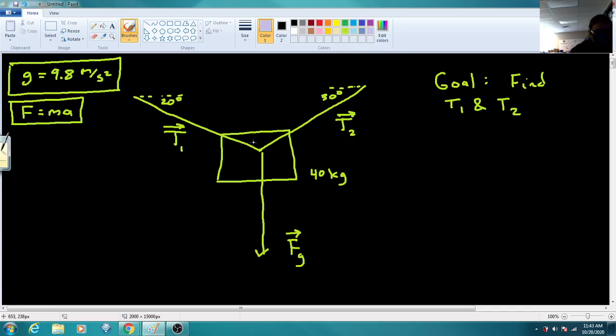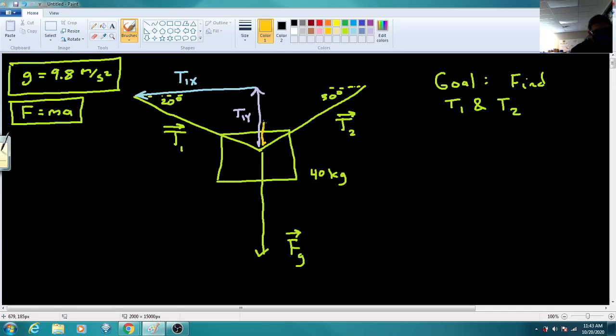We're going to say tension 1 has a vector pulling upwards, which we'll call T1y. And then tension 1 also has a vector pulling to the left. That's the x direction, so we'll call that one T1x. And tension 2 has a similar pair of vectors.